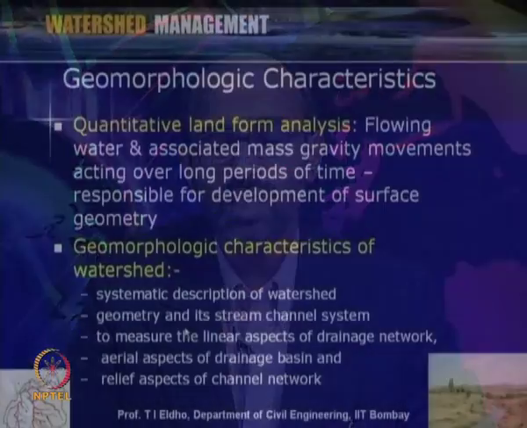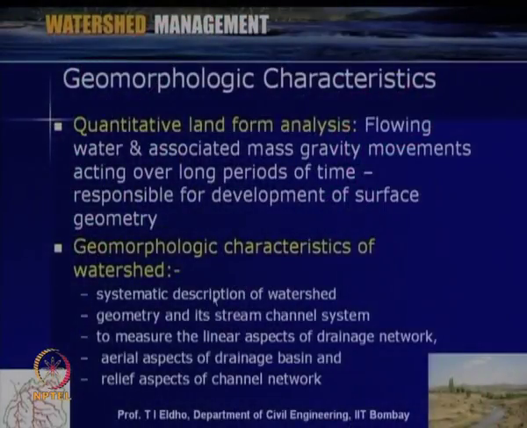And then as far as geomorphological characteristics of watershed is concerned, we have to systematically describe the watershed. So, a systematic description of watershed is required, and geometry and its stream channel system we have to identify, and we have to measure the linear aspects of drainage network. So, how much is the length of the drainage system, and then aerial aspects of the drainage basin, and then relief aspects or elevation aspects of the channel network within the watershed.